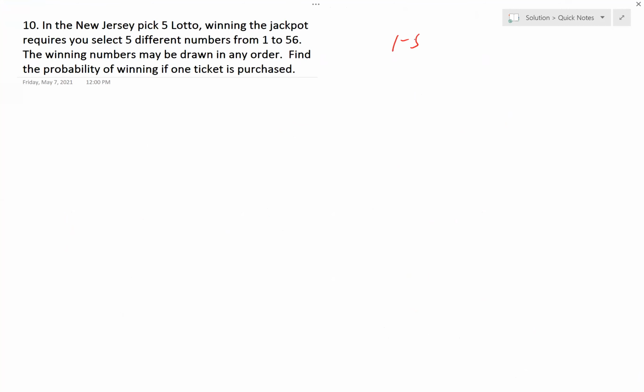So between 1 to 56, there are a total of 56 numbers, right? So this is how you do the calculation, 56 minus 1, adding 1. So 56 total numbers. This is very important, right?